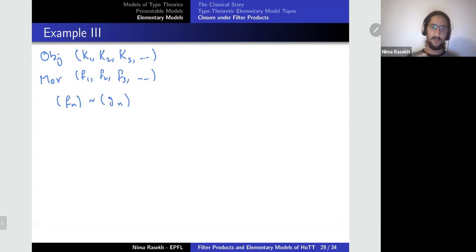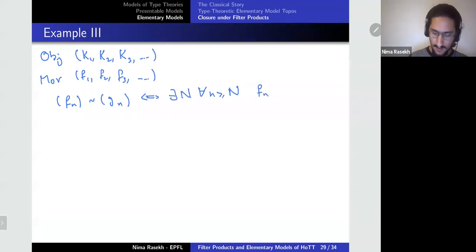If they only differ on a finite set. But it's a standard fact that any finite subset of the natural numbers has a maximum element. So this is just equivalent to saying that there exists some natural number such that for anything bigger than that, f_n and g_n are equal. This is a little bit different phrasing, but it's much easier to think about. So all the eventually equal maps, right? I'm taking chains of spaces and eventually equal classes of maps.